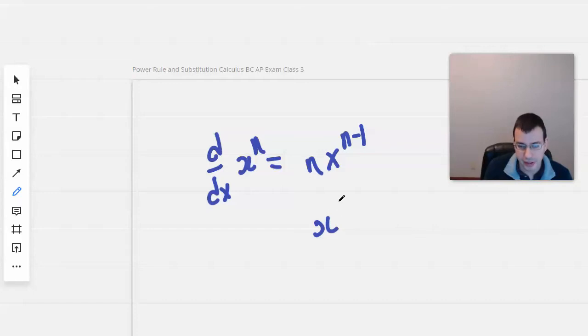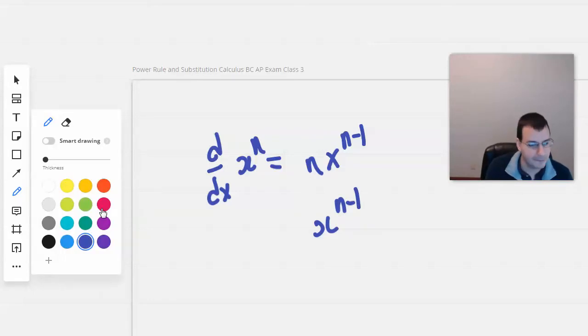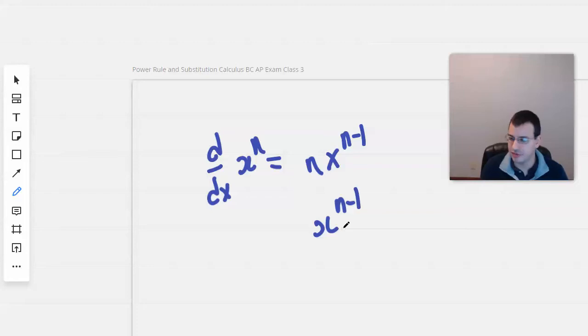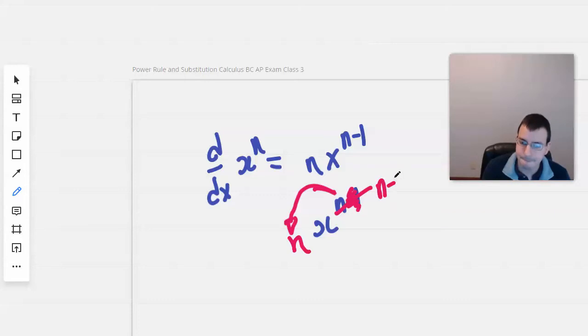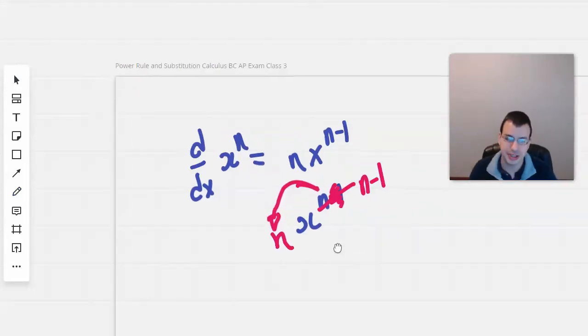The mnemonic that I used is more of a visual mnemonic. Sorry, that's supposed to be x to the n. I don't know if there's a different word for visual mnemonics versus audio ones or mental conceptual ones.